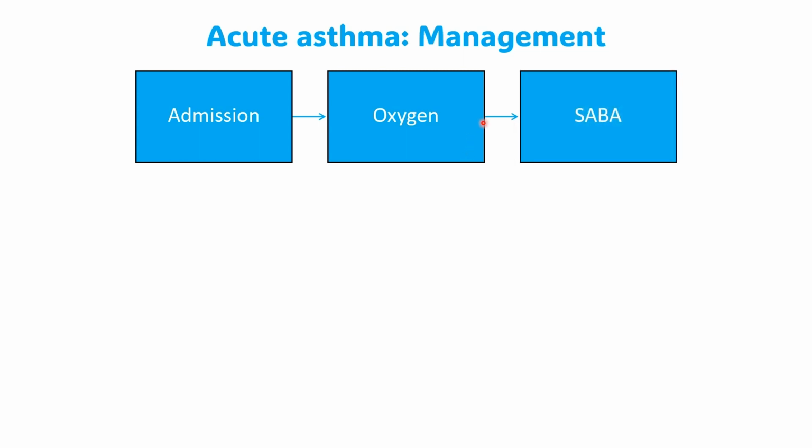Next, we have a short-acting beta agonist, and this is going to be high-dose salbutamol. Also, sometimes they use terbutaline. In moderate asthma, they might use a pressurized metered dose inhaler, plus or minus a spacer.